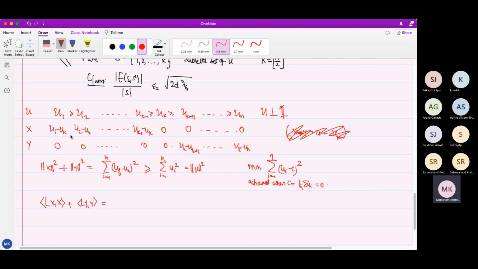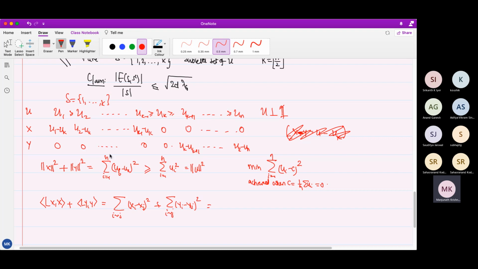It will be a sum over, because these things are all in S. You remember S is 1 up to K. So when I do LXX, I get the difference xi minus xj squared over i adjacent to j, and then plus summation yi minus yj squared over i adjacent to j, right? That's what these things are.